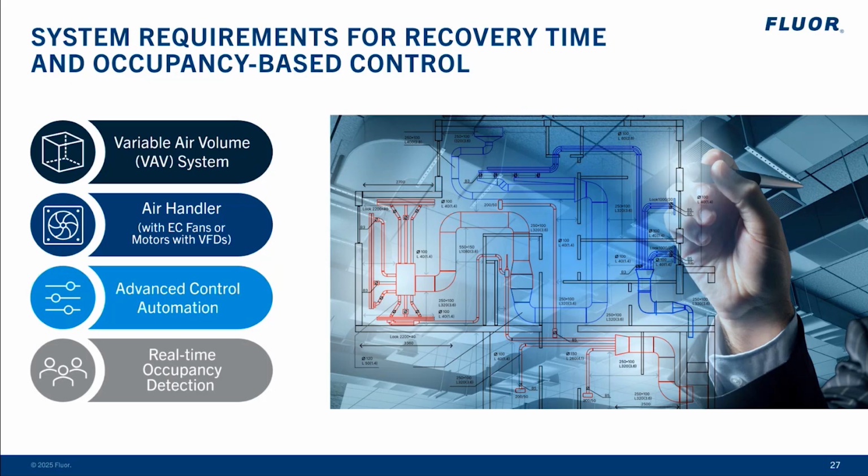Advanced control automation integrates flow regulation algorithms based on process parameters and load scenarios. Occupancy sensors enable automatic switching between operating mode and energy-saving mode when the room is empty.